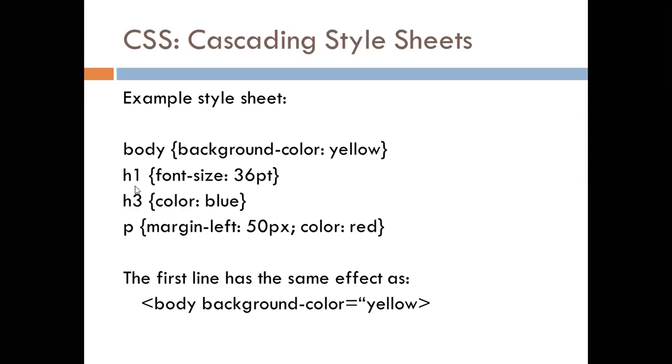Or we have certain tags. H1 is a tag, and its font size we want to set to 36 points. For the H3 tag, change the color to blue. P stands for the paragraph tag; its left margin is set to 50 pixels and color is set to red. Like this, multiple attribute values can be specified by separating them with a semicolon, so two attributes can be set here.